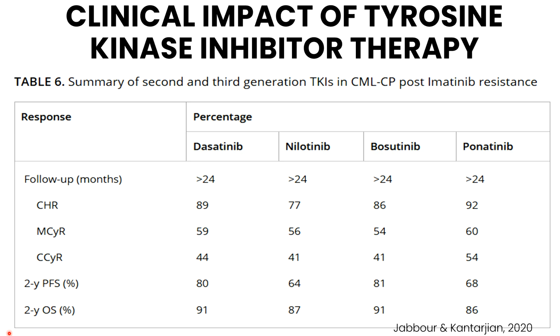Now here we have our progression-free survival and overall survival rates, which remain favorable across these therapies. This shows the continued advance in targeted drug development can restore disease control and improve long-term outcomes for many patients.